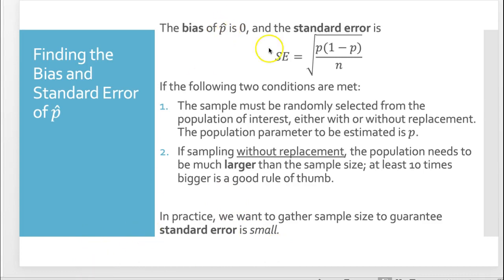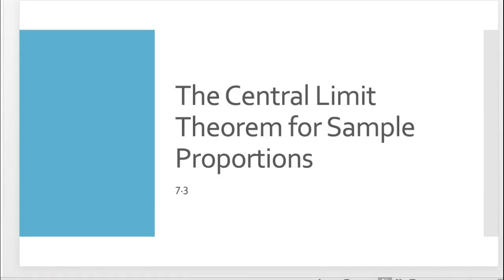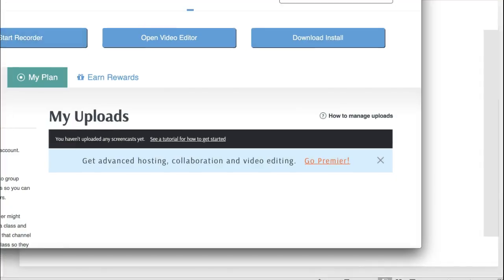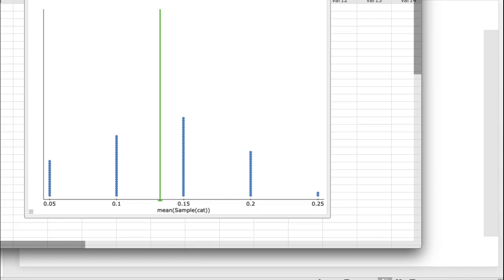Let's put these two pieces together, and what we're going to get is the normal distribution. This section is about the central limit theorem for sample proportion. In the previous slides, when we were looking at the sample proportion over and over again, what we saw were distributions like this, of the sample proportion.